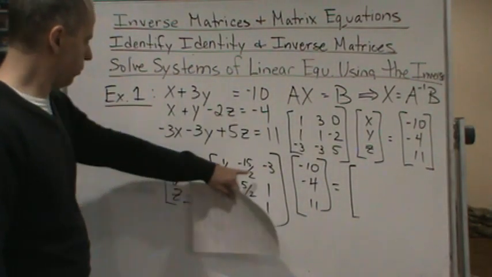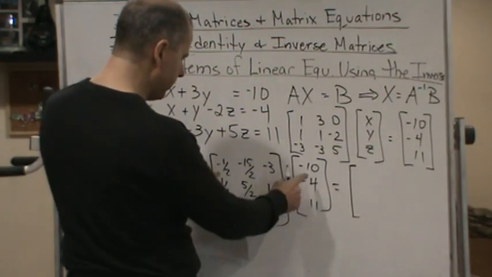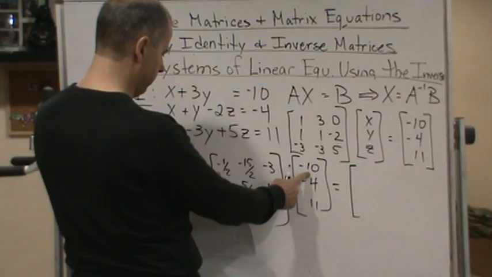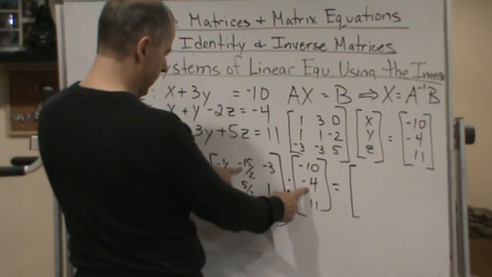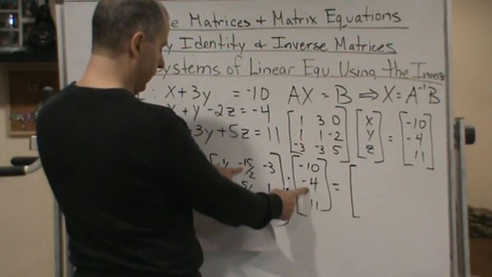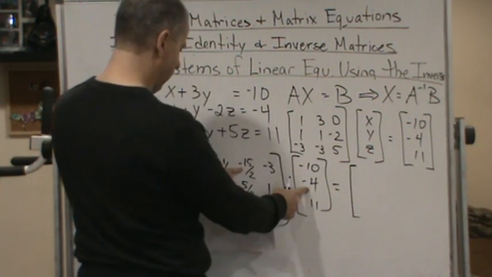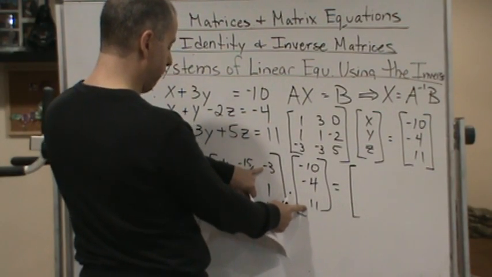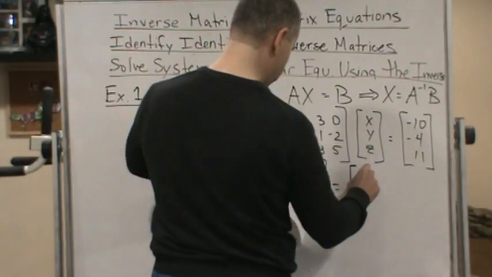So all I'm going to do is go across the row. So negative 1/2 times negative 10 is 5. And then negative 15 halves times negative 4 is going to be 30. So far we're at 35. 35 minus 33 is 2.